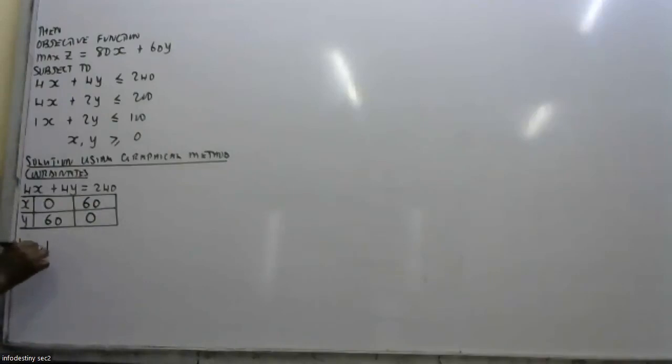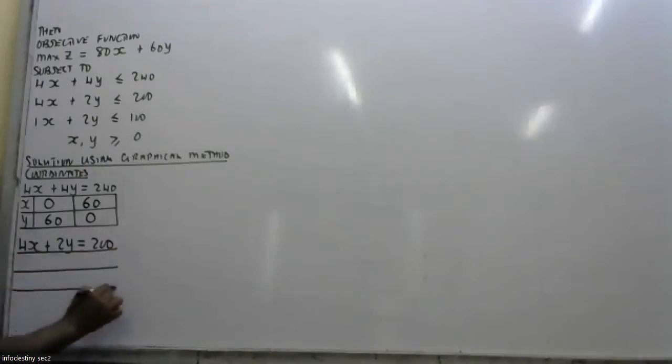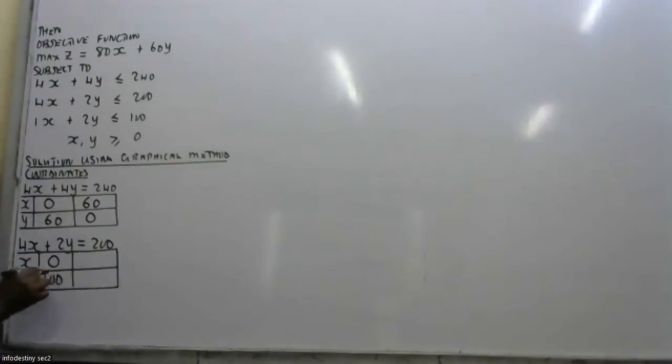So 4x plus 2y is equal to 200. If x is 0, y is what? 100.